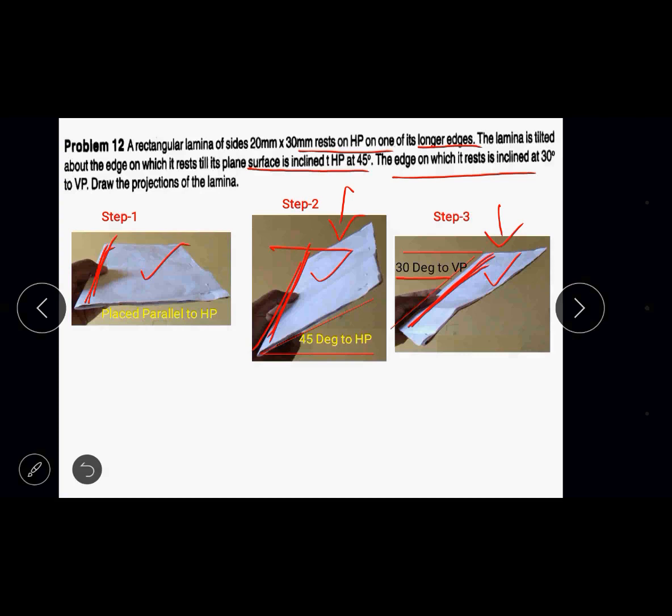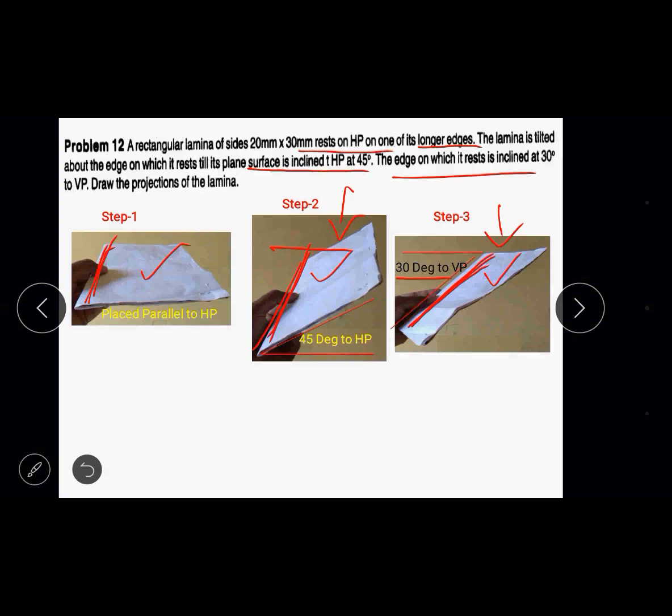Then finally, the front view of the third figure is obtained with the help of locus lines from the corresponding views. So you will get an irregular shaped rectangle. Finally, in the last step, both the top view as well as the front view will be irregular in shape because of HP inclination and because of VP inclination.